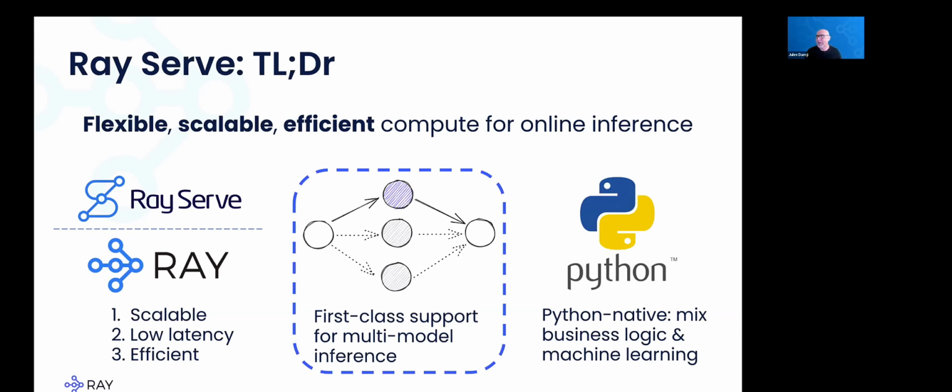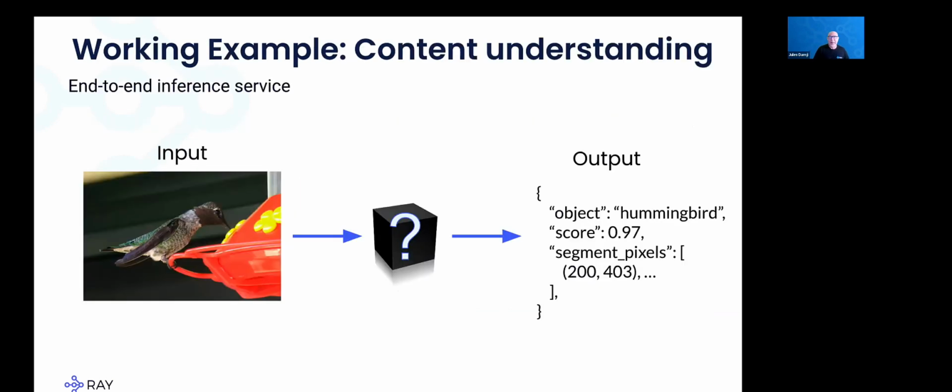In order to understand how those manifest in Ray Serve, I wanted to walk through a couple of very prevalent applications, and we'll use this particular application as an inference engine. So keep that in mind. Here we have an image that you want to feed into some machine learning model, or machine learning functions.